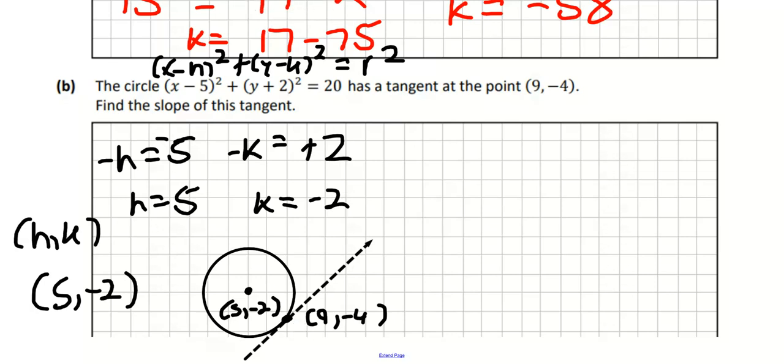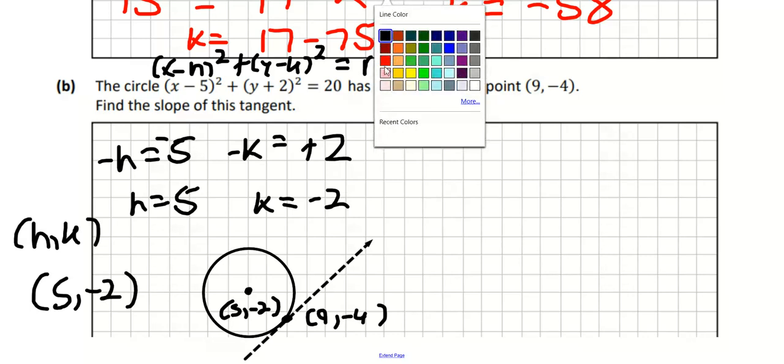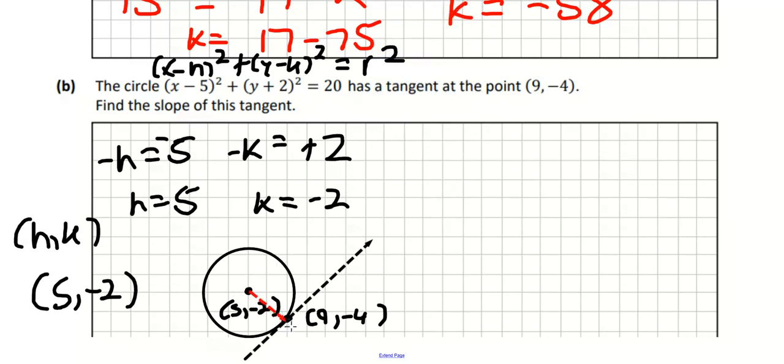So what I could do in this question is figure out the slope of the red line, which is the slope of the center to the point, and then turn that slope upside down and get the slope of the tangent. It's very, very easy business, if you know what a tangent actually means.